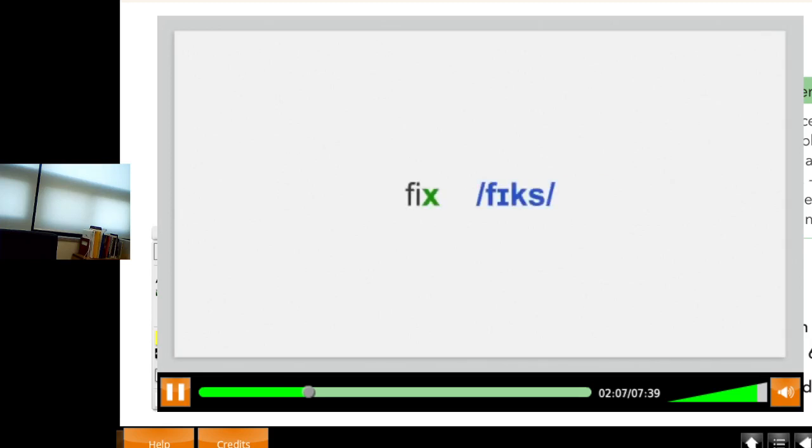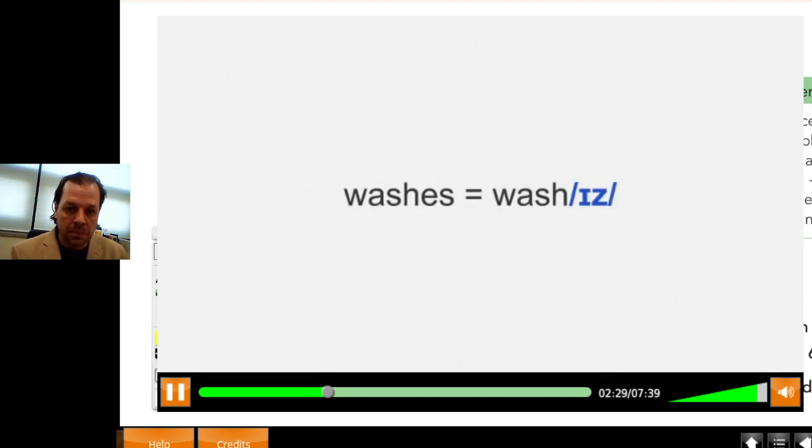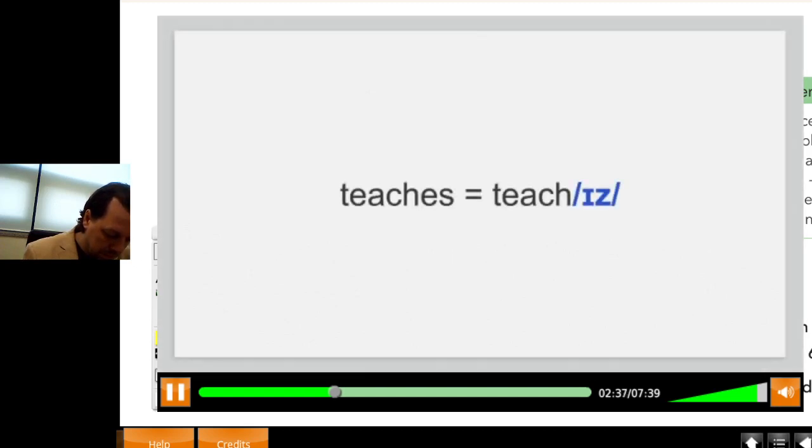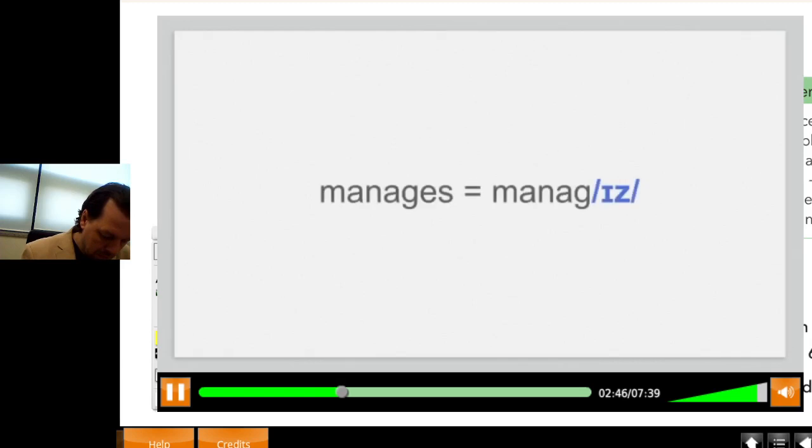Fix also ends with the sound S. Remember, we're talking about sounds, not spellings. So we add iz. Fixes. We also say iz after sh in wash. Washes. After ch in teach. Teaches. And after j in manage. Manages.